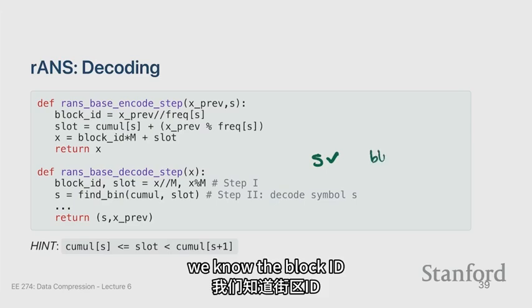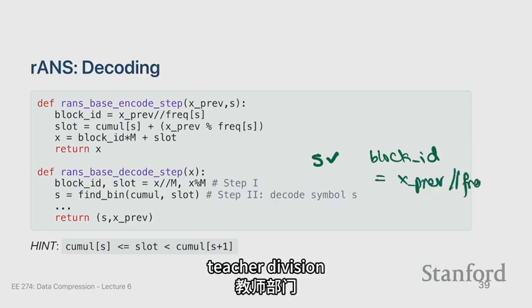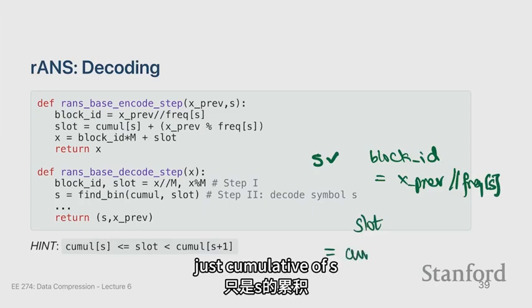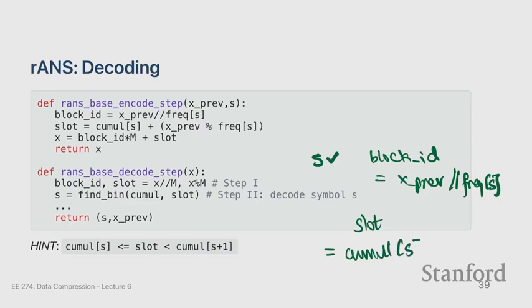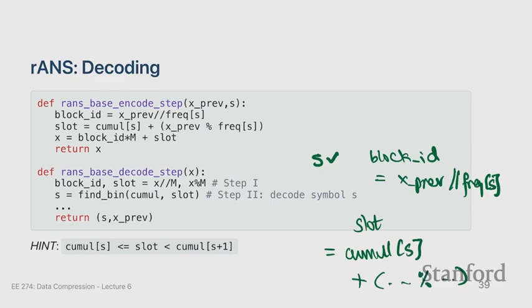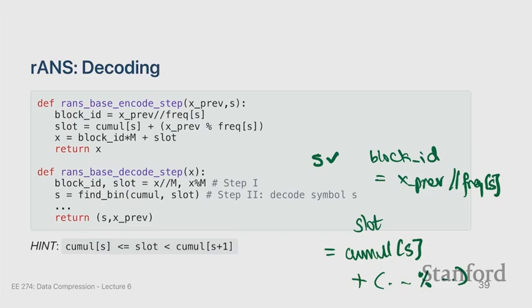We know the block ID, which is X previous integer division by frequency S. And we also know our slot, which is cumulative of S plus this modulus term, I'm not going to rewrite it. So can we work out the X previous, or do we need to do something more?